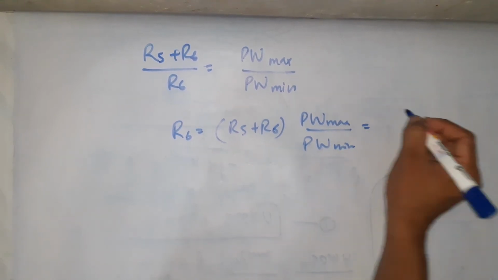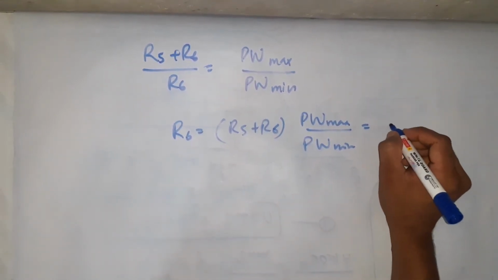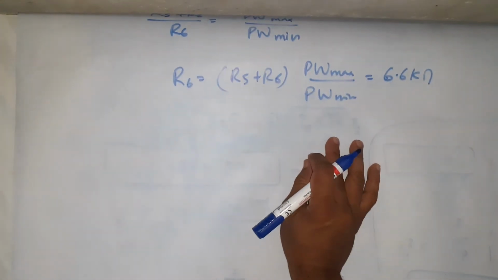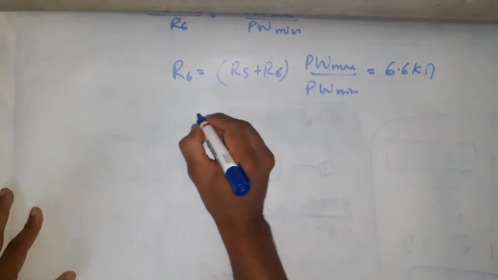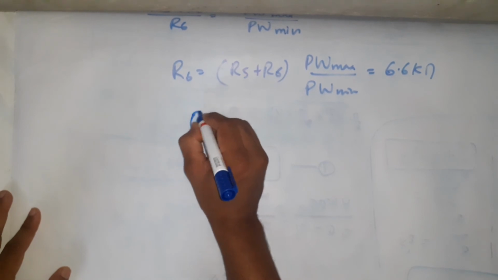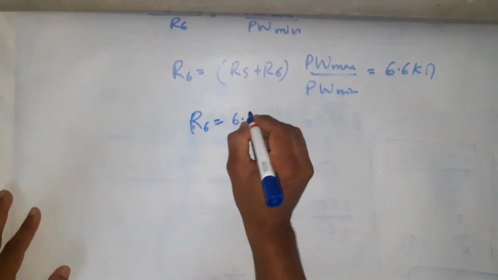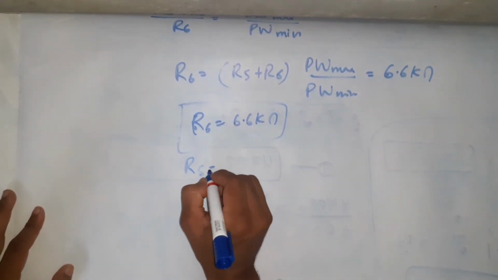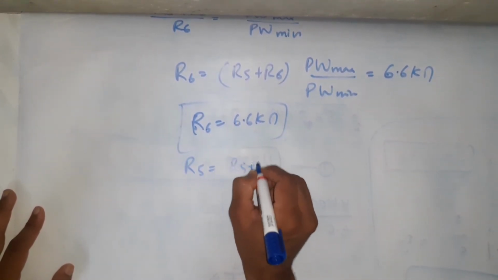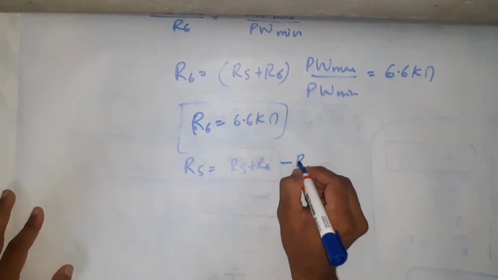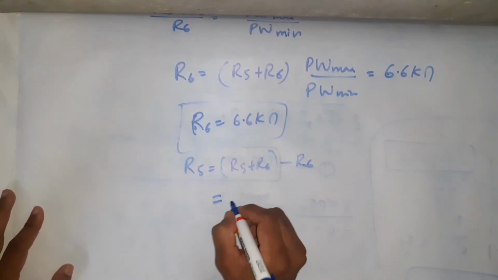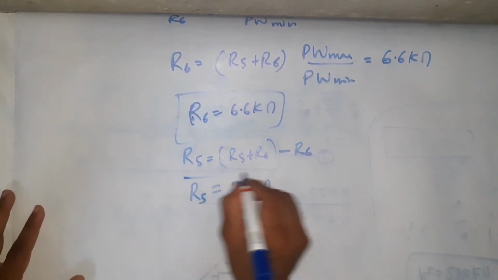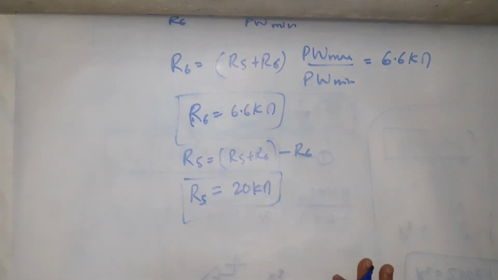You substitute here, we have everything, and you will get 6.6 kilo ohm. So if R6 is equal to 6.6 kilo ohm, then R5 is equal to R5 plus R6 minus R6. This will give you 20 kilo ohm. This is your value for R5.